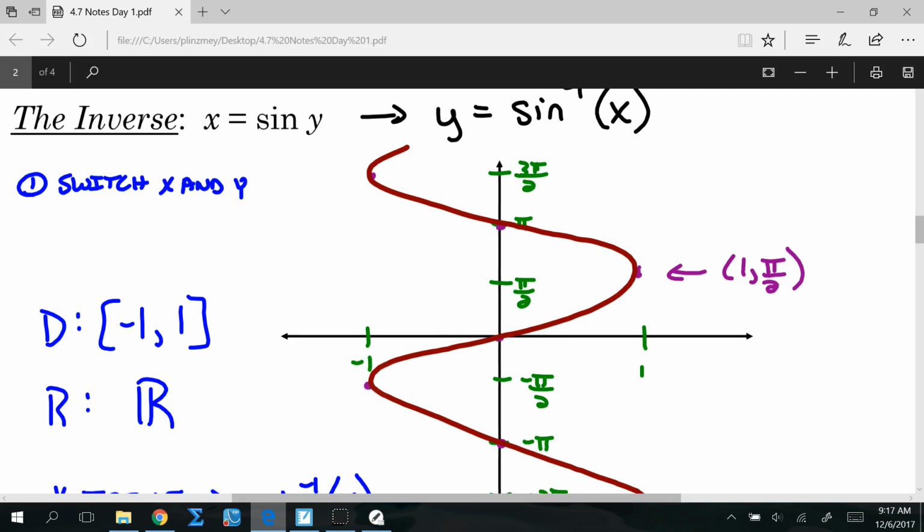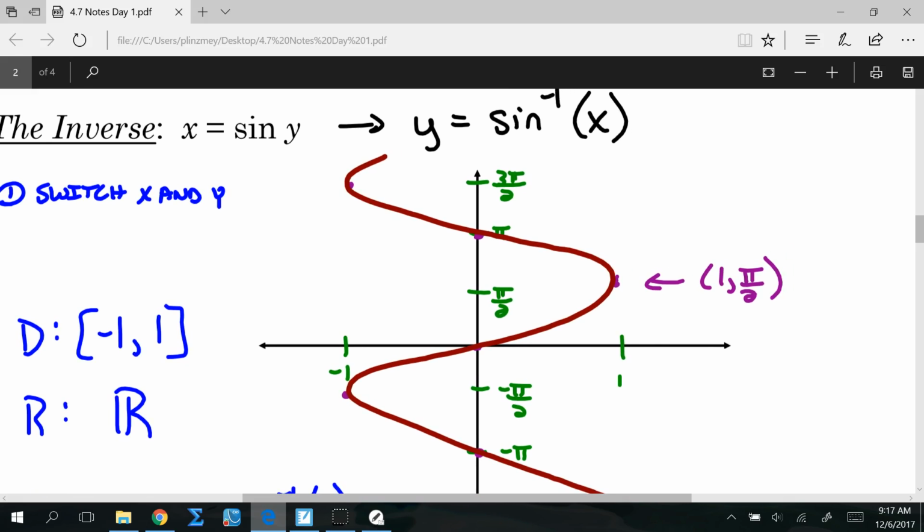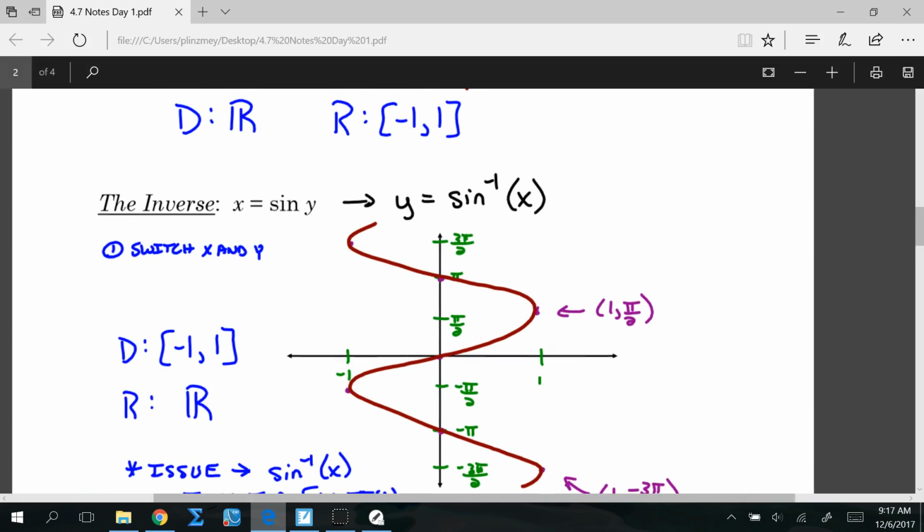So it's going to go from here to there. Gets me all my values. No, because it's repeated. It's either one of them. If I go on both of them, it's not a function.